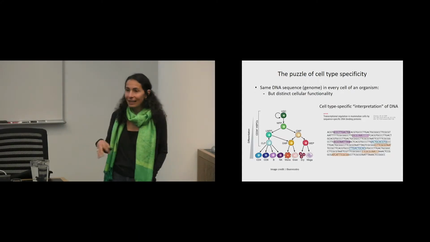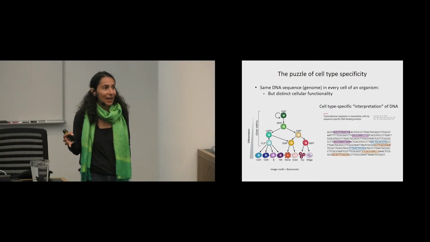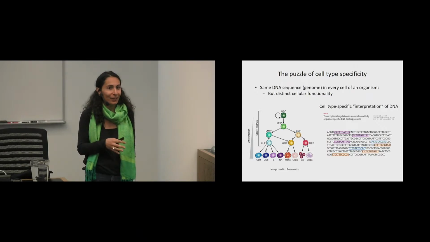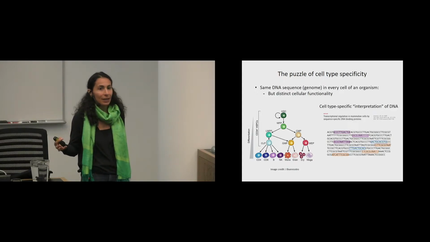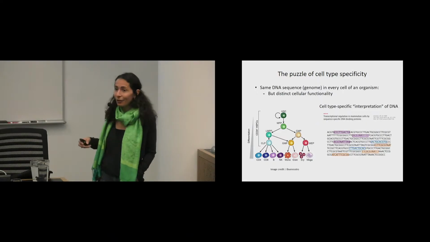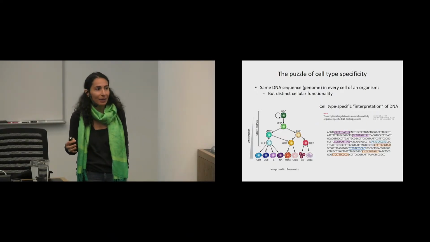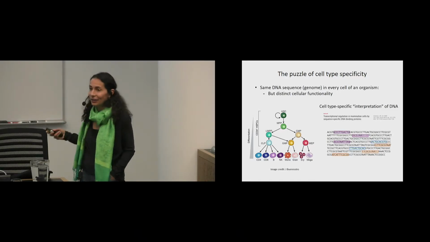The answer, at least the framework for thinking about this, has been known for a long time, which I call differential interpretation of DNA. But really what this is, is differential usage of different parts of DNA by different cell types. For instance, I have highlighted in color different parts of DNA. These could be regulatory elements that are used by different cell types depending on their color.